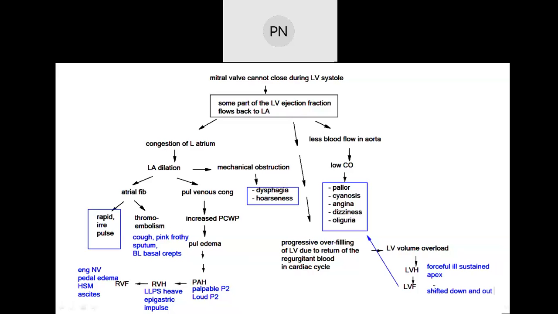Because of the backflow of the blood, some murmur will be produced, and the murmur, as you can understand, typically happens during left ventricular systole. So you typically get a pansystolic murmur, which has a blowing quality. It sounds like flute.